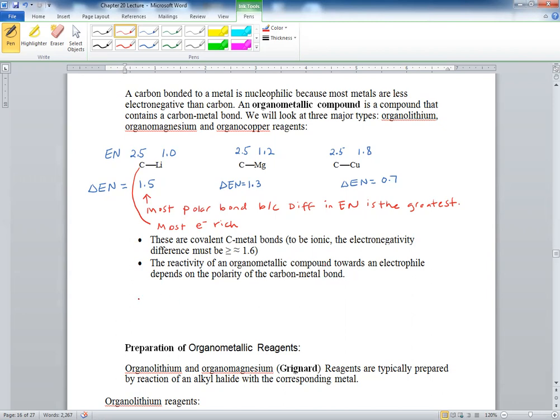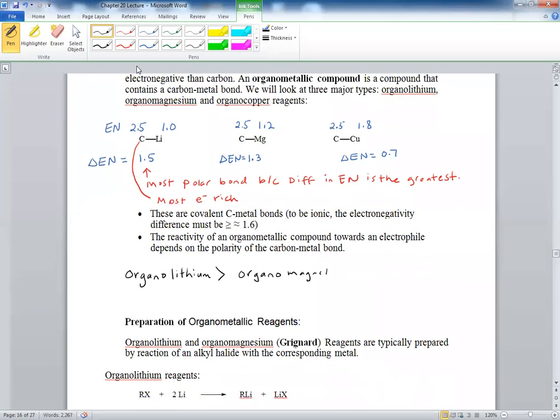So all you have to remember is that organolithium are the most reactive. Then the organomagnesium, which will be named shortly. And of course, they are more reactive than organocopper.